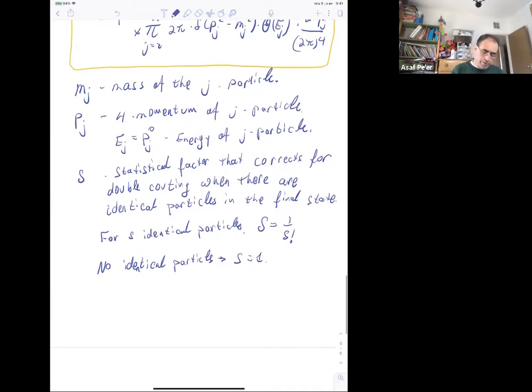M is the amplitude, which is really a function of the various momenta. As we said, this contains all the information about the dynamics.